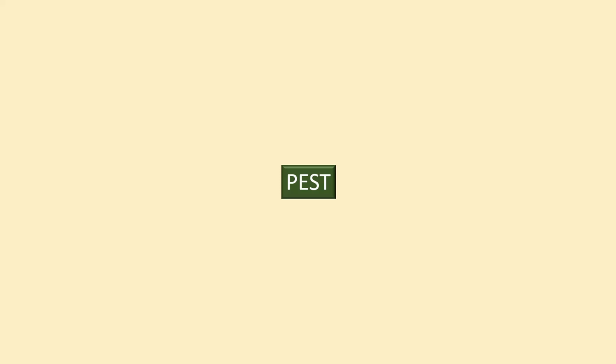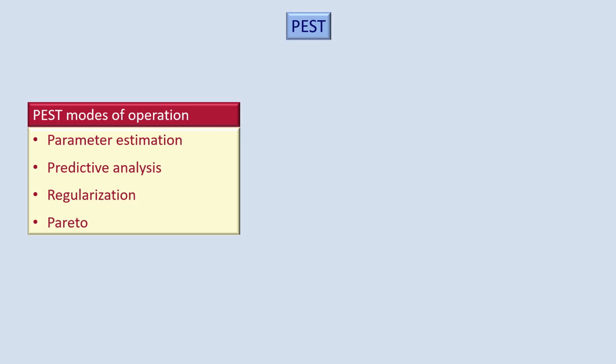That is, it was written originally and still does interact with a model through the model's own input and output files. However, since the time at which it was originally written, its inversion algorithm has become considerably more complicated than it first was. PEST has 4 modes of operation, these being those that are listed in this slide.